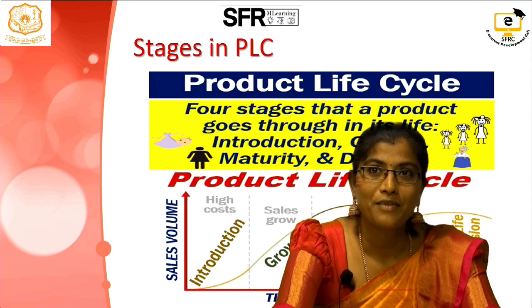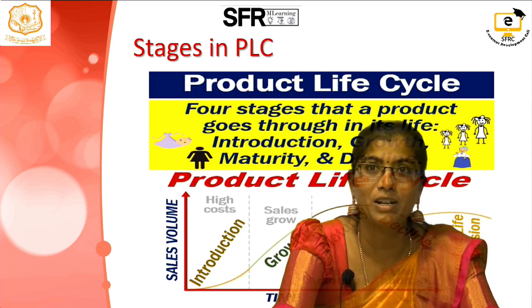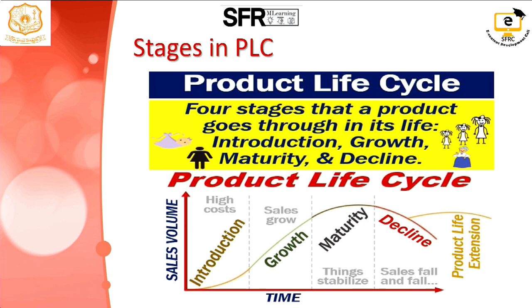This is a flow chart of the product life cycle. Here are the four stages: the introduction stage, growth stage, maturity and decline stage. In the introduction stage the cost is higher but there is no profit, only investment.